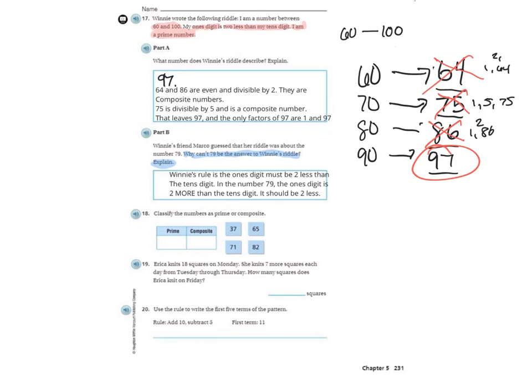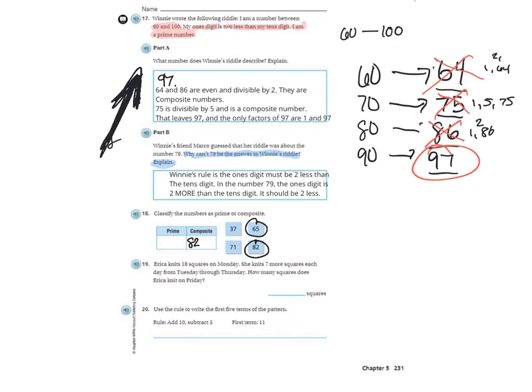So again, start off with the easy ones that we know. Make it easy on yourself. Don't struggle with 37 and 71 if you're not sure. Let's start with 65 and 82. If we use the same divisibility rules we used in part A, well, 82 is even.